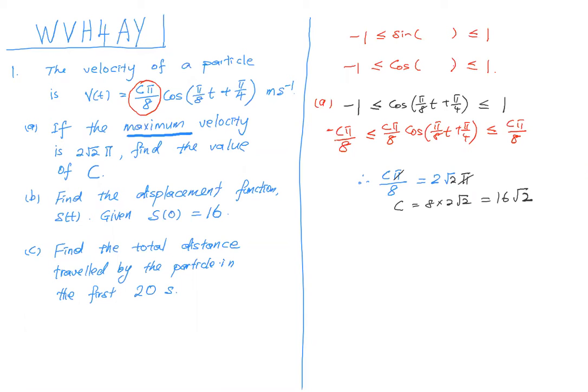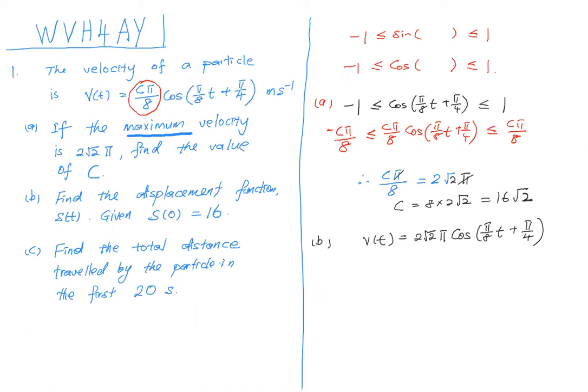So now, how does our velocity function look like? Our velocity function is 2√2 pi cos(pi by 8 t plus pi by 4).